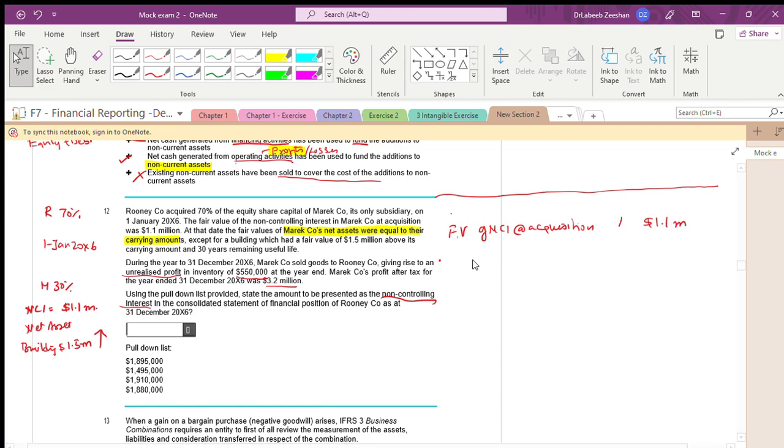Put this as A. Next, how much is the profit for the year? Share of post acquisition profits.